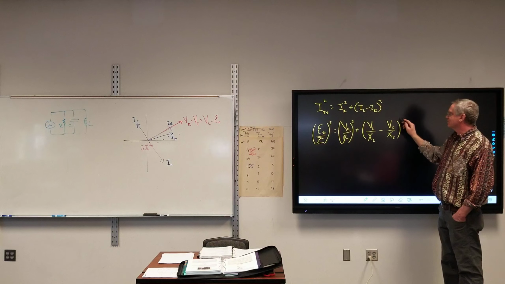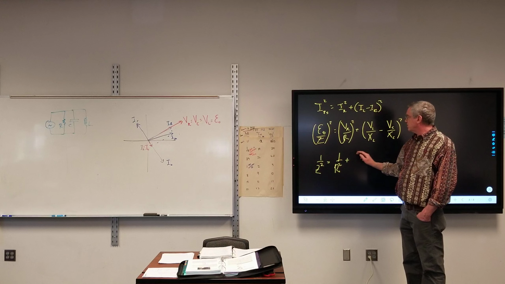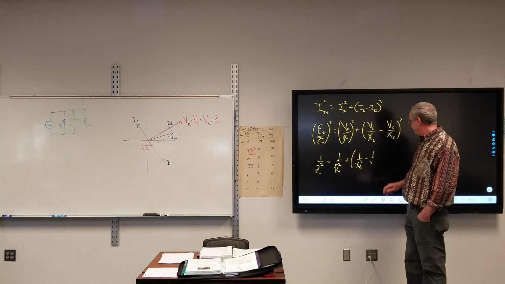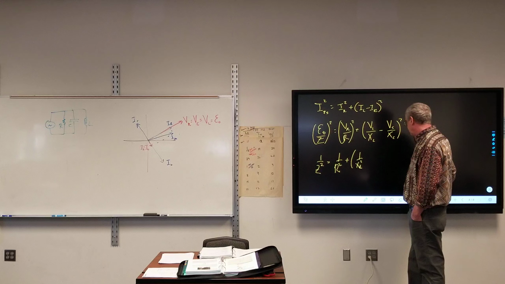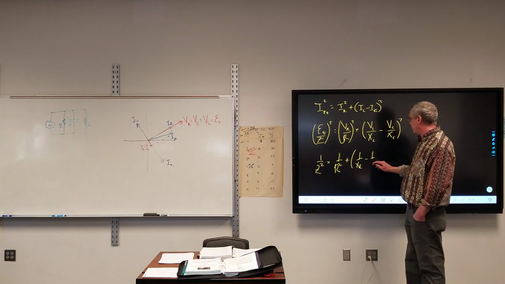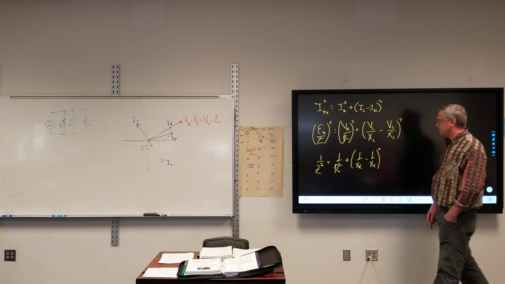You take out all of the voltages, because they're all equal to each other. So we end up with 1 over Z squared is equal to 1 over R squared plus (1 over XL minus 1 over XC), that whole thing squared.